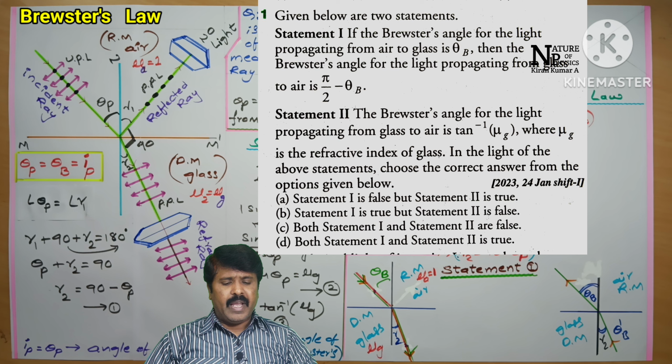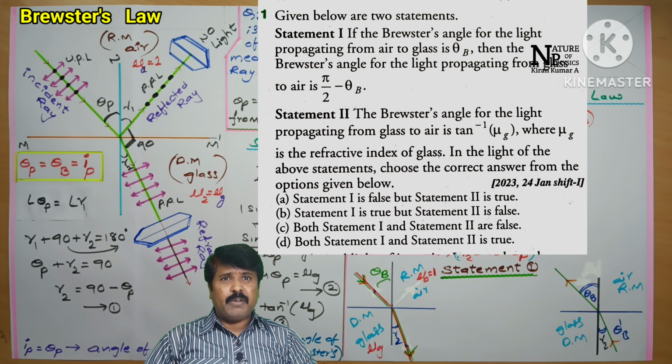And what is being asked is that when light propagates from glass to air, that is from the denser medium to the rarer medium, the value is also given in statement 1, that is 90 minus theta b. So we have to do the proof.